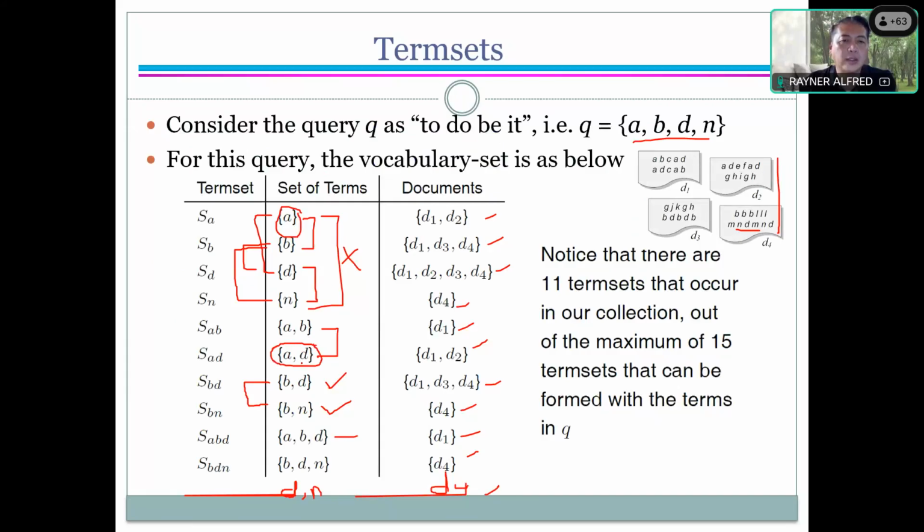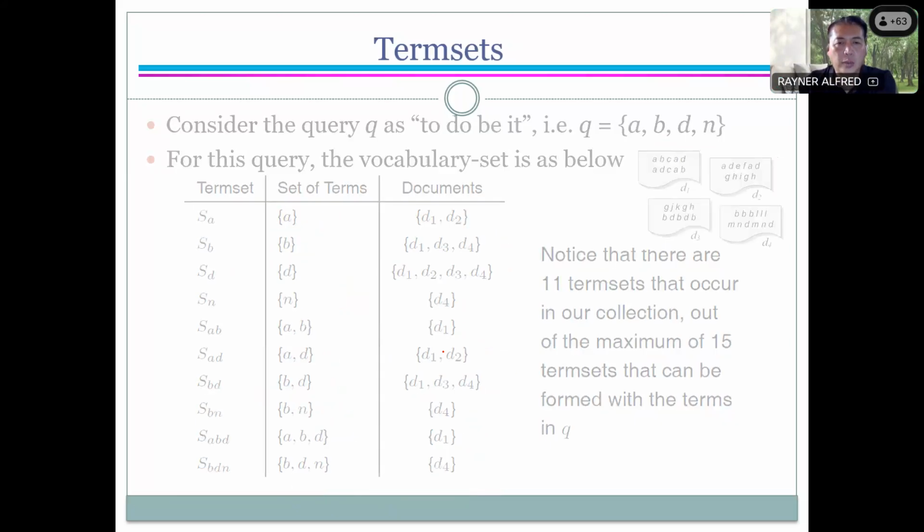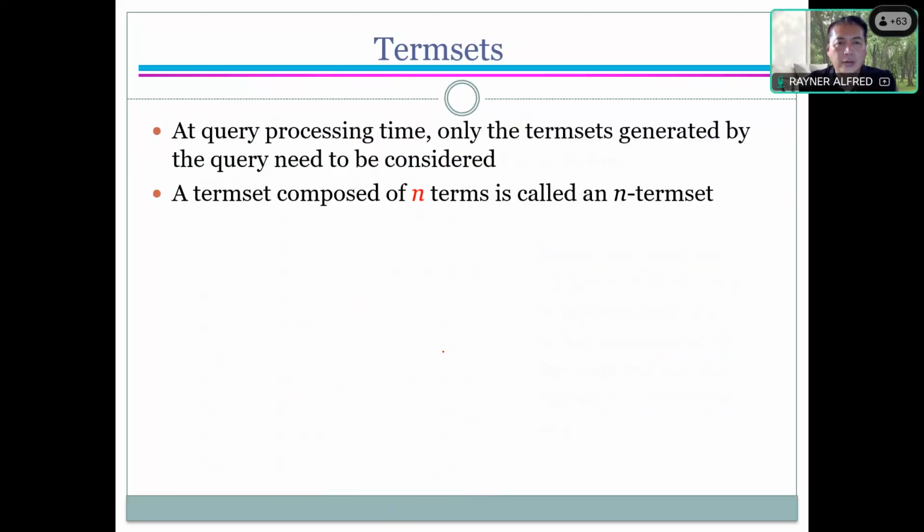We say that it is frequent if it exists in two documents. So the subsets of this, which are A and D, should also be frequent.